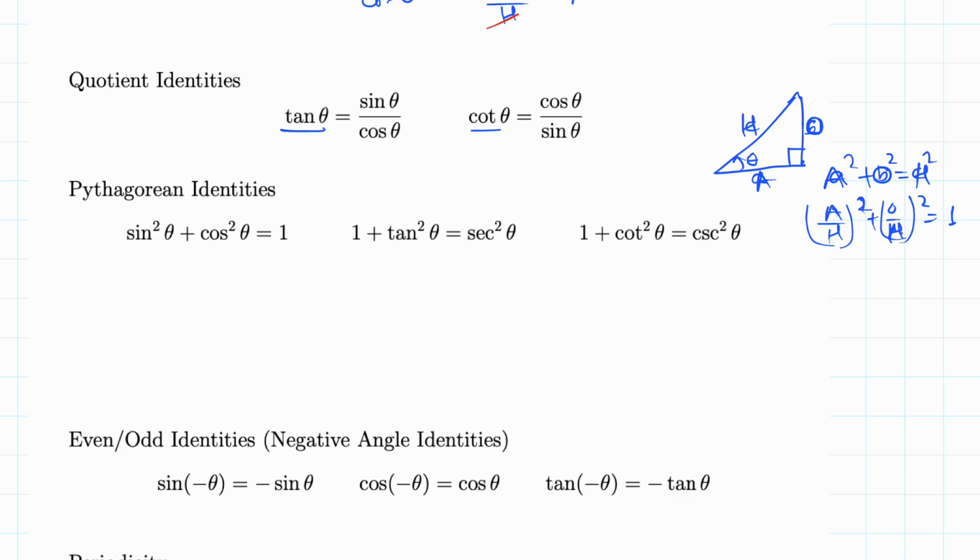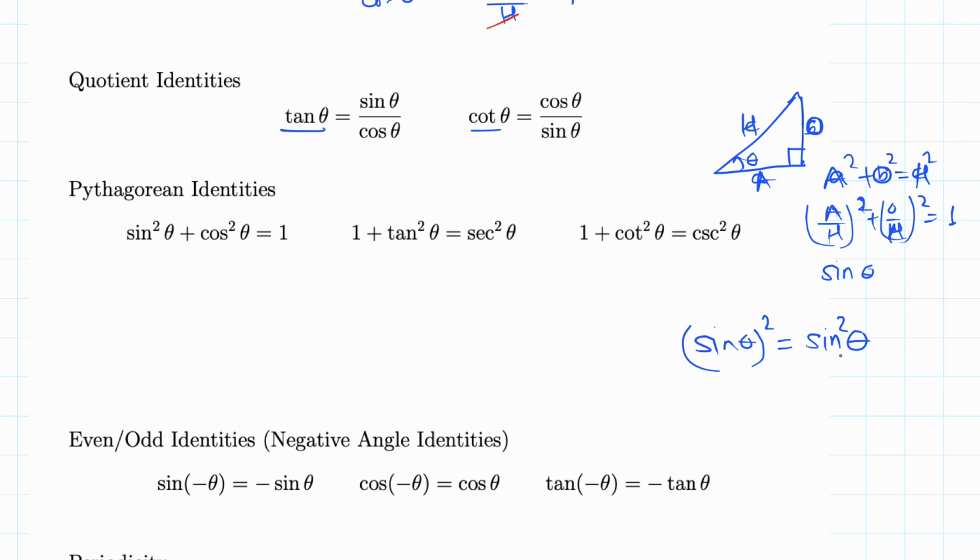O over h, opposite over hypotenuse, is sine theta, and sine theta squared is kind of tedious to write. In short, we write sine square theta. Sine square theta is in fact sine theta quantity squared, that means sine theta times sine theta.